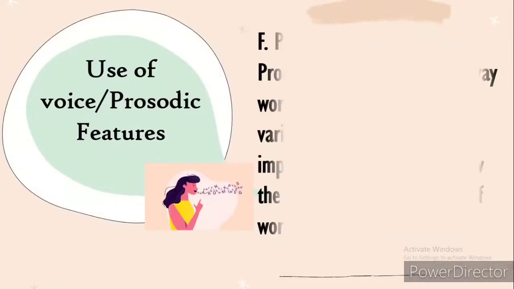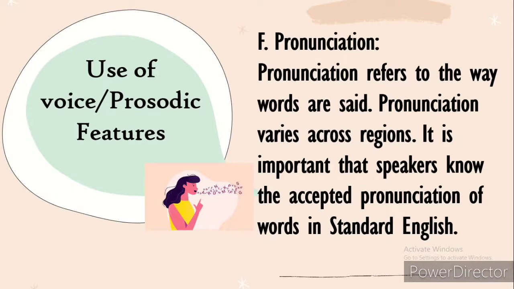Next is pronunciation. Pronunciation refers to the way words are said. Pronunciation varies across regions. It is important that speakers know the accepted pronunciation of words in Standard English.